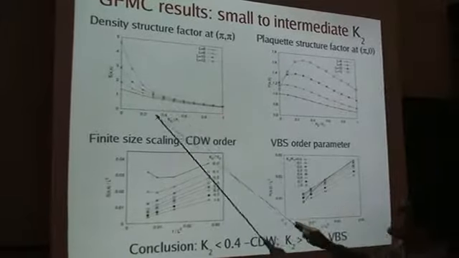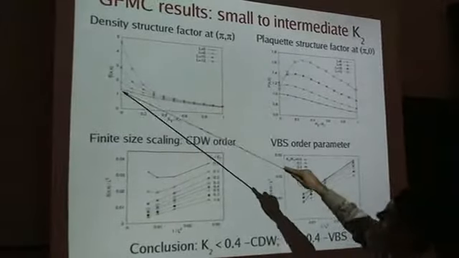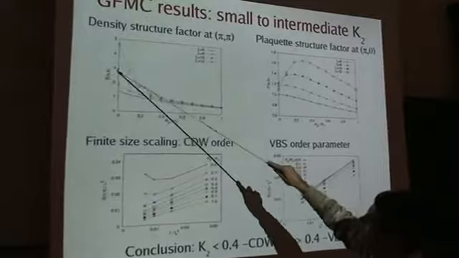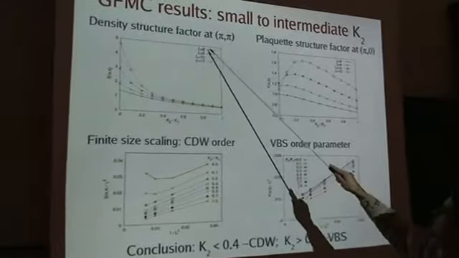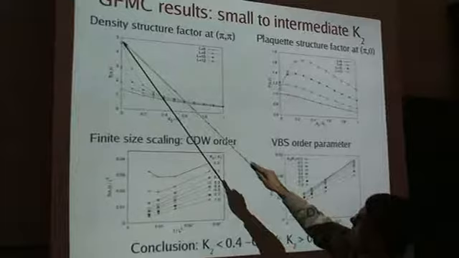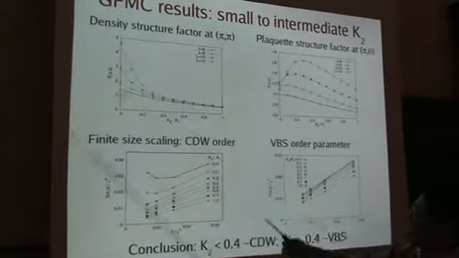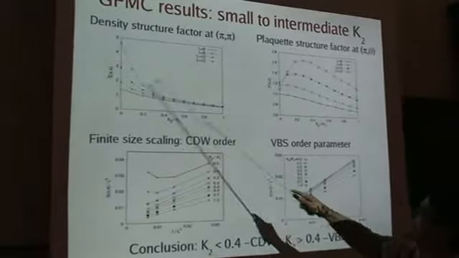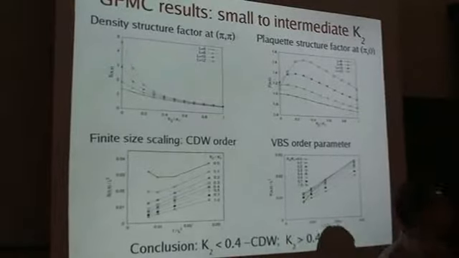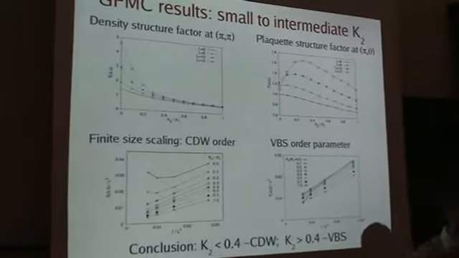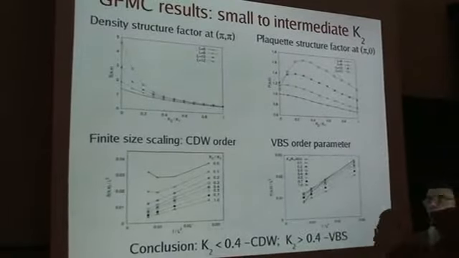Here you can see that for small K2, this structure factor increases with increasing system size from 6x6 to 12x12, like the increase of a Bragg peak with volume.